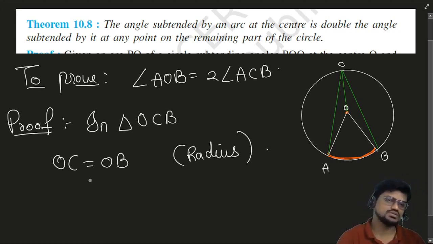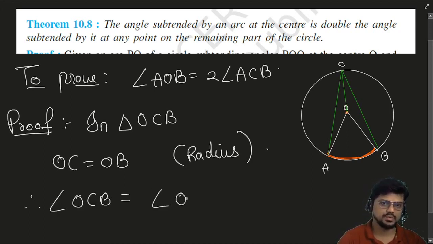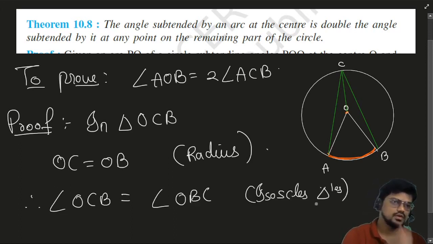Now that means triangle OCB is an isosceles triangle. Therefore, I can say angle OCB is equal to angle OBC. Why? They are isosceles triangles, that's why the opposite angles will also be equal.